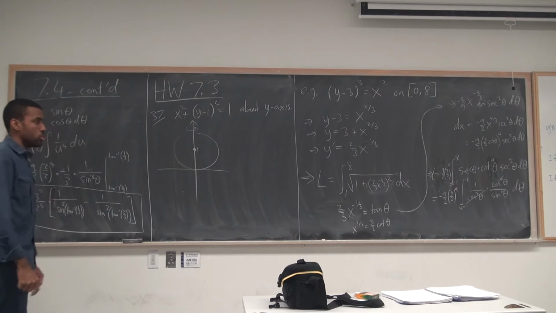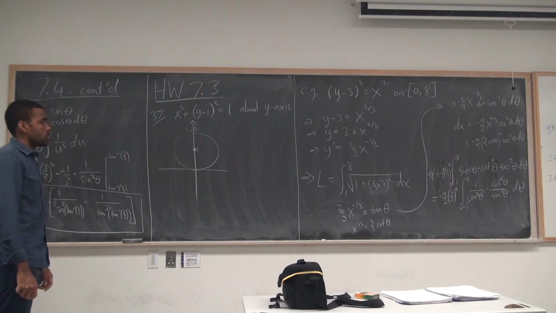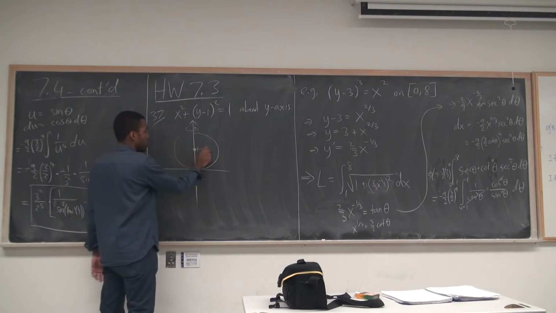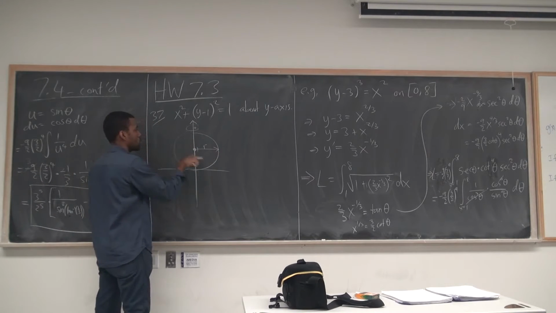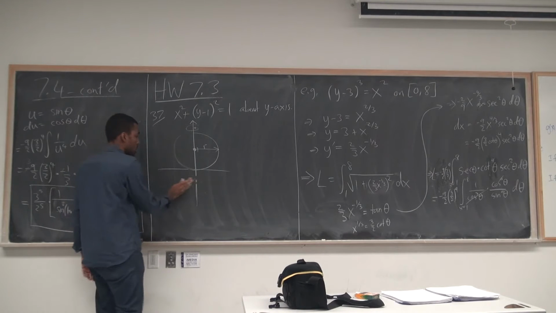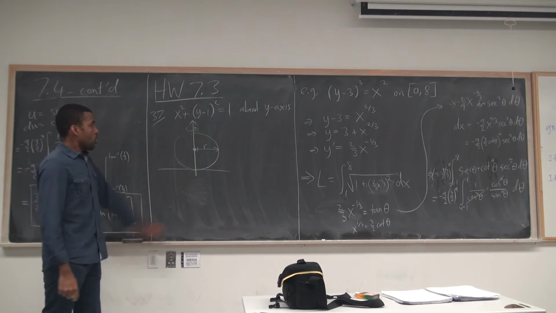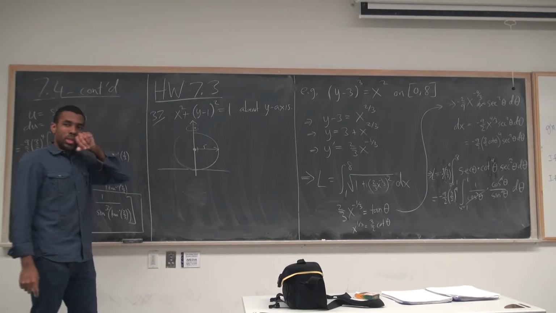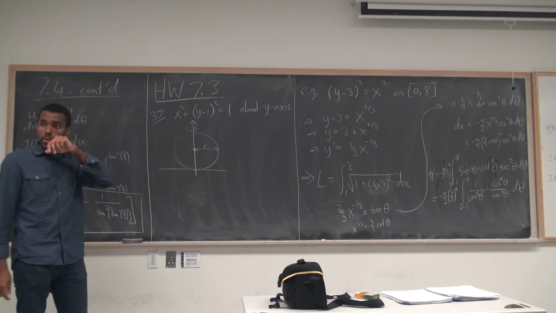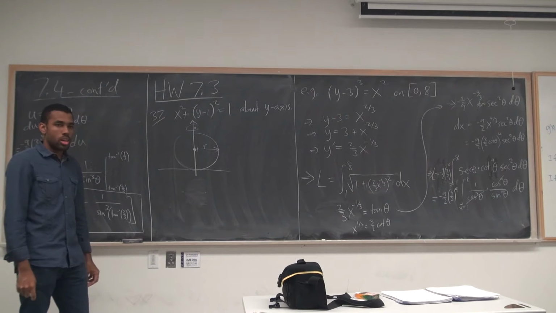So what method would you choose? This seems pretty easy, right? I just have one radius here that I'm going to rotate around the y-axis. What would be the problem with shell here, or why would it be less desirable?